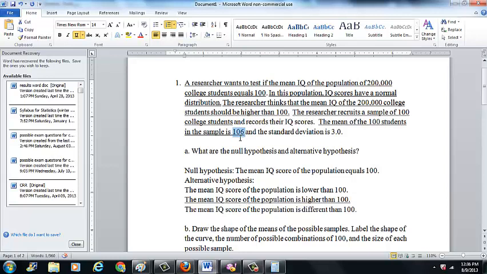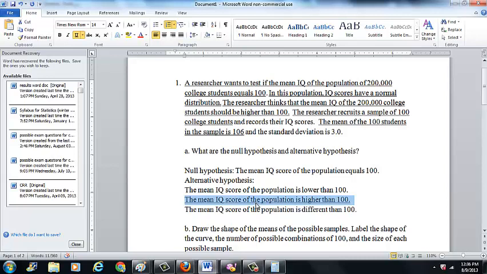If this sample mean came out to a lower number, like 95, you actually wouldn't be able to run the test with this alternative hypothesis, because if the sample mean comes out lower than 100, it's not possible for your data set to support the possibility that the population mean is higher than 100.